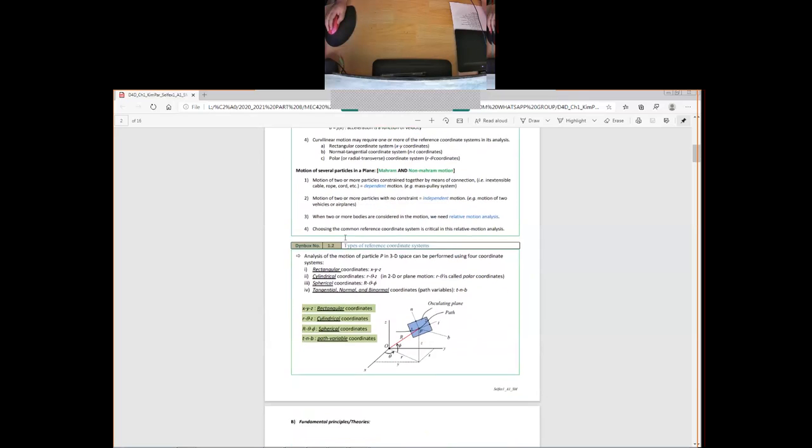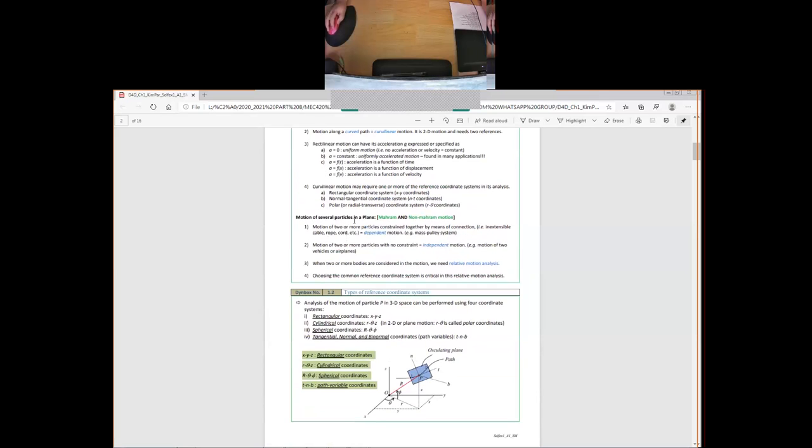Okay, for this motion of a single particle in a straight line or in a plane, move along the single particle, rectilinear, curvilinear.